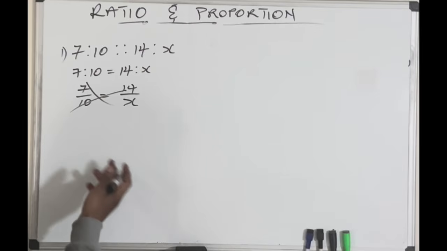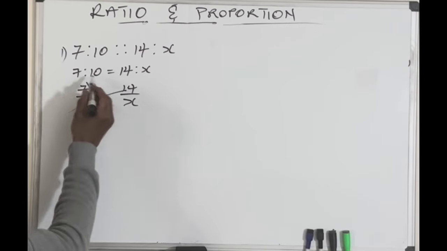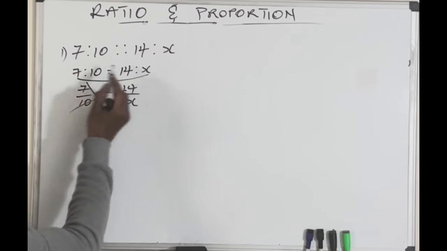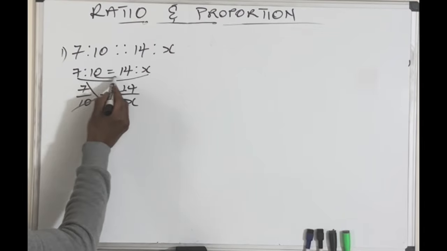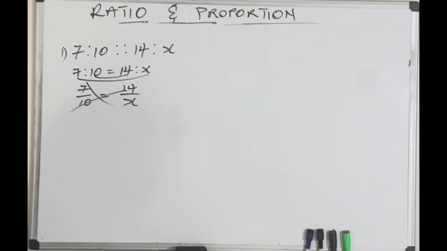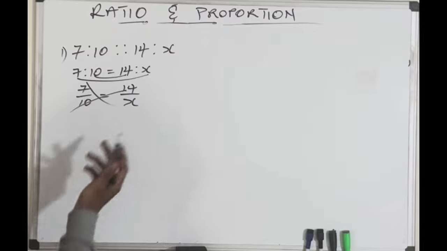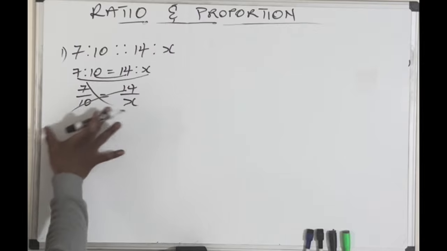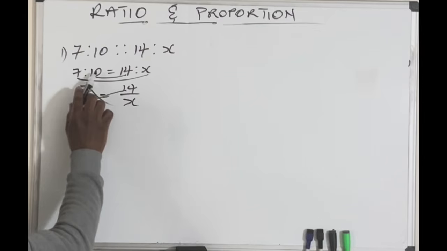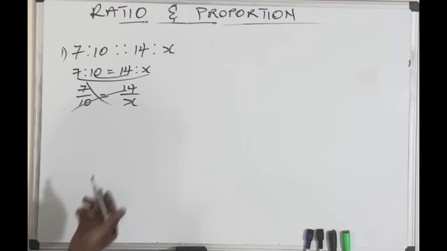you continue working. Or always the first number multiplies the last number, and then the second number multiplies the number immediately close to it. Okay, so if you are running out of time, no need to be writing it in this form, where you just visualize this times this, 7x, then 10 times 14, right? 140, then you cancel, you get your answer.